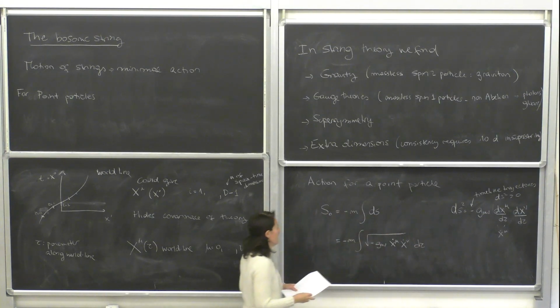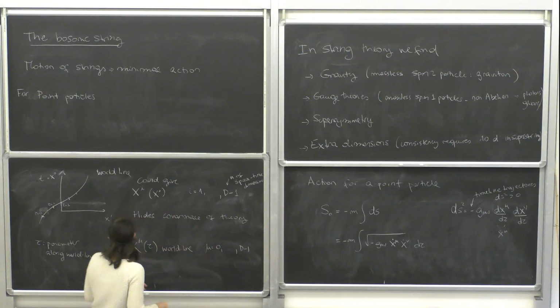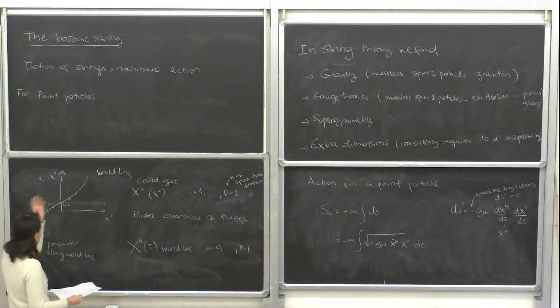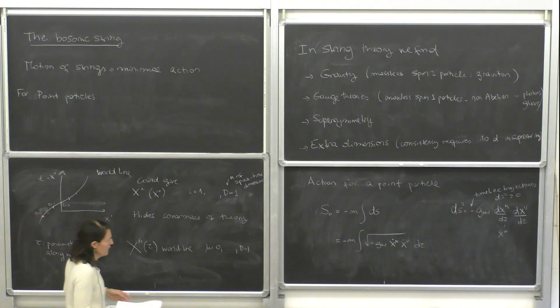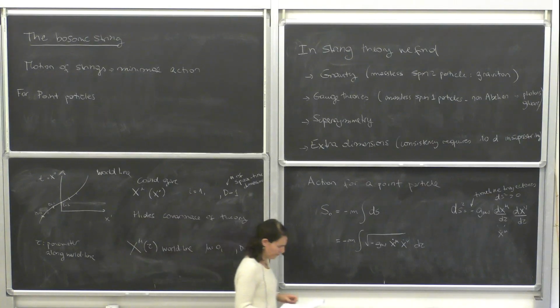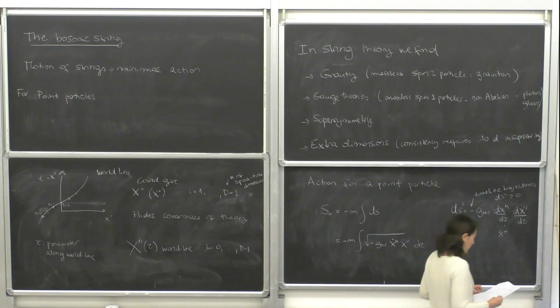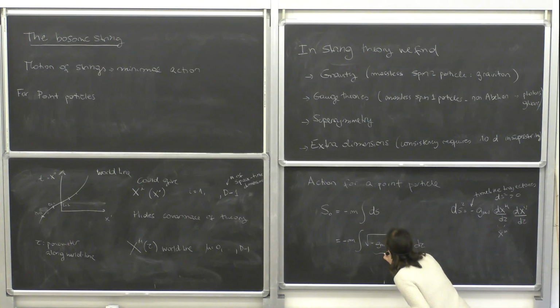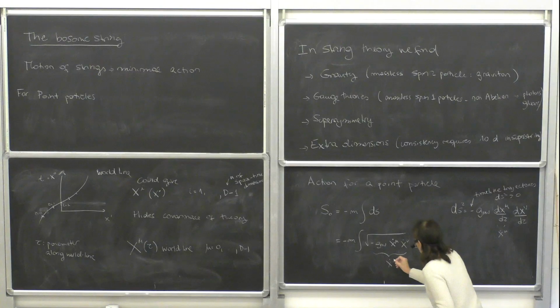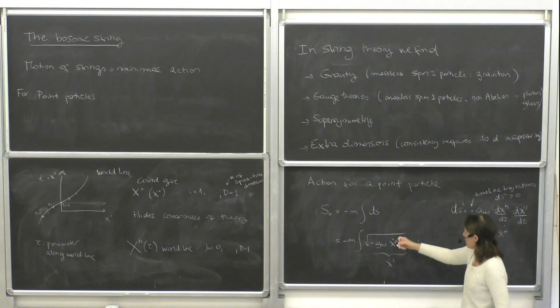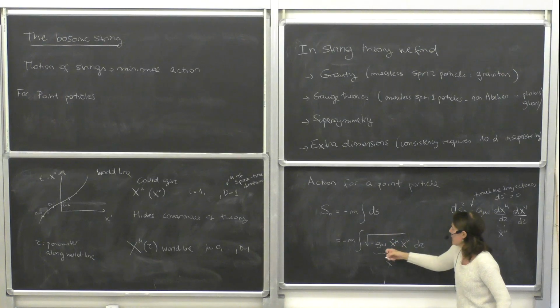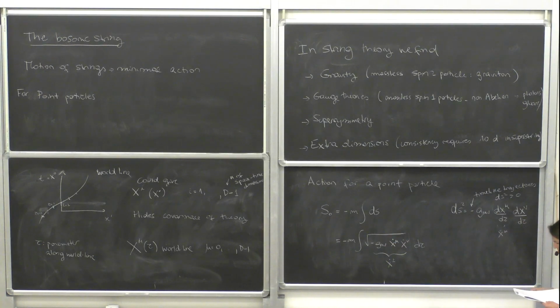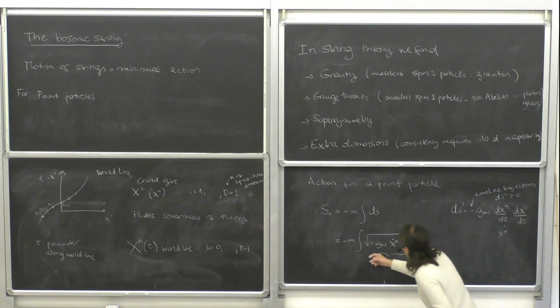Now I integrate tau from, I don't know, 0 to something, or minus infinity to infinity. This here I will also write as x dot squared. So x dot squared means x dot mu, x dot nu contracted with a metric, without the minus sign.